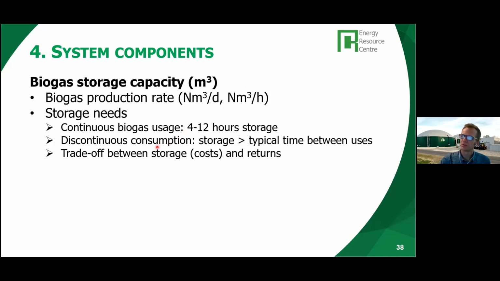On the other hand, if you have discontinuous consumption, for example, systems that run only for a certain period in a day, then your storage depends on the time between the shutdown and the restart of your gas utilization.